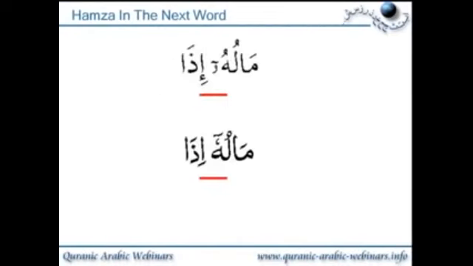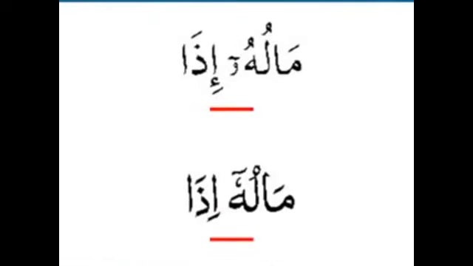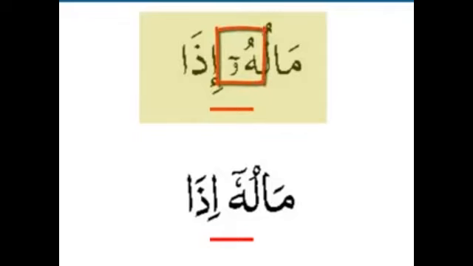Again, another example of hamza in the next word. So here we have ma luhu. So normally this is another way of writing the long vowel combination of dhamma waw, so the little waw is written there instead. So that hu is normally too long.